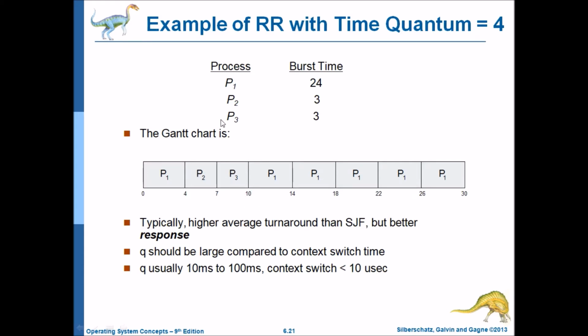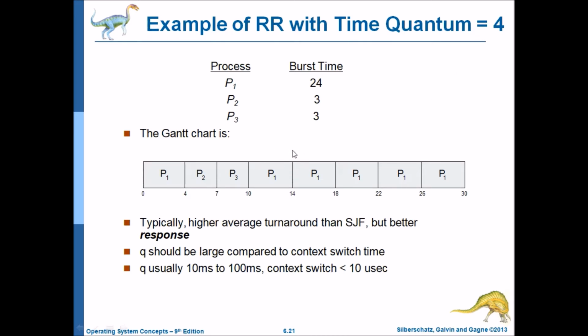Afterwards it goes to P1, which has 20 milliseconds remaining out of its original 24. So it executes P1, and after 14 milliseconds, still with a time quantum of 4, it stops.